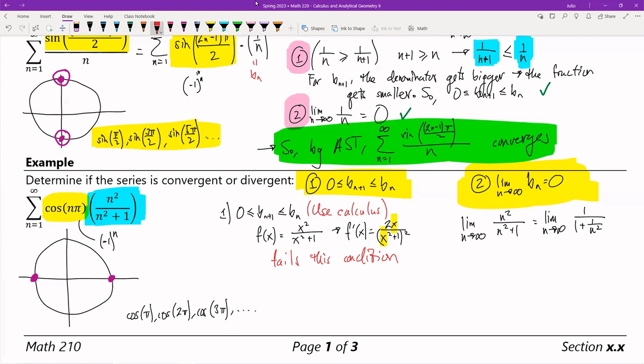If you do the calculus, that 1 over n squared goes to 0, so we have 1 over 1 plus 0, which is 1. So it fails this condition as well.